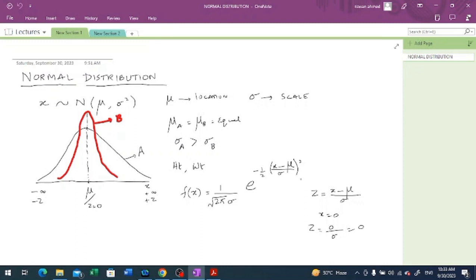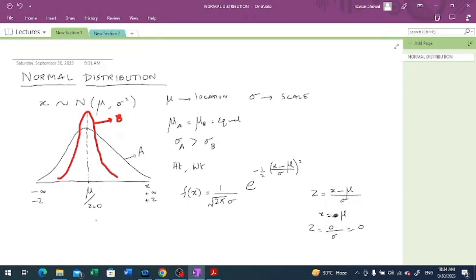And you can see that if we take x equals mu, then the corresponding z value for x equals mu is 0. Over here I am making a change: when we take x equals mu, the difference goes to 0, and 0 divided by any number is equal to 0.